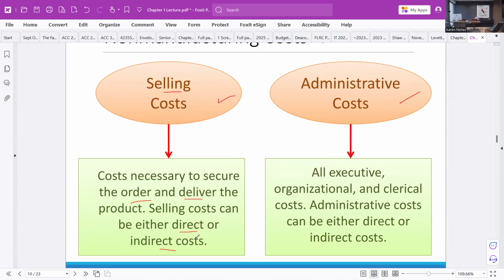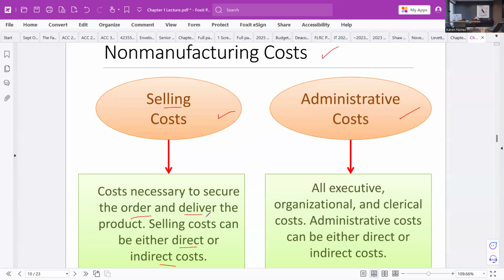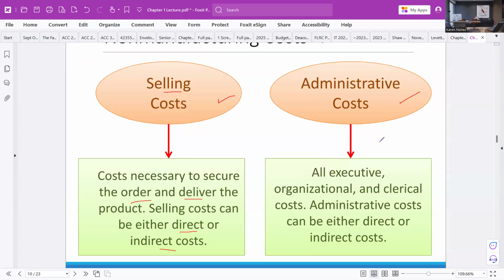They are incurred outside of that manufacturing process. And then we also have administrative costs, executive, organizational, clerical costs. Those costs also could be direct or indirect, but they're never manufacturing costs.